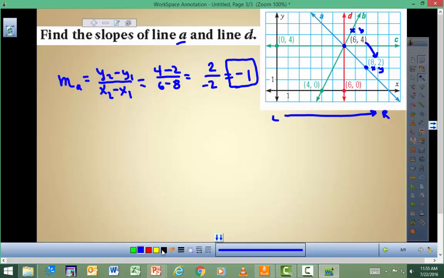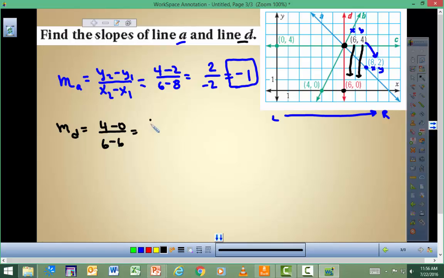How about line D? Now we need to use 2 points that are on line D. Line D is this red line right here. So we would have the slope for line D. We need to subtract the y coordinates, so how about 4 minus 0, and then we subtract the x coordinates, which gives 6 minus 6.